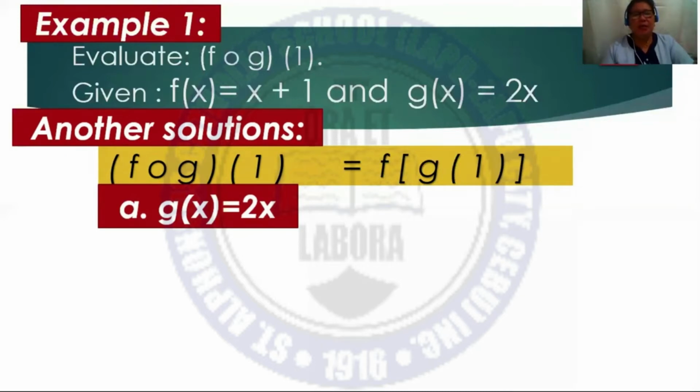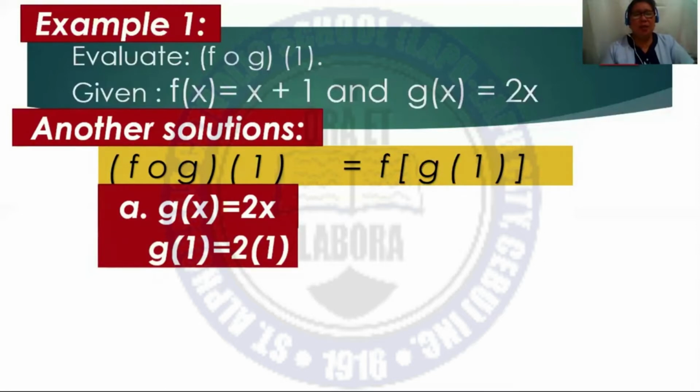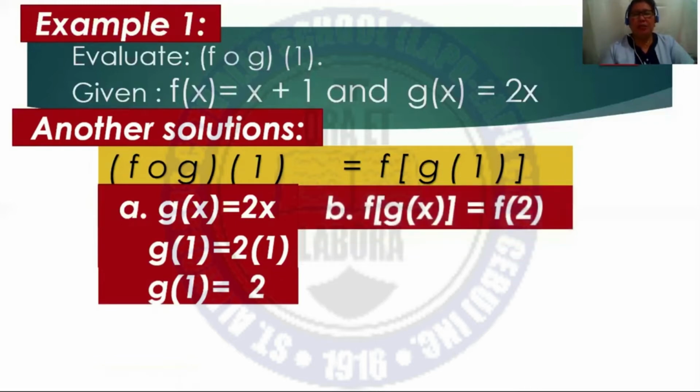G of x is equal to 2x. Substitute now 1 to x. 2 times 1 is equal to 2. So by this time, the value of g of 1 is equal to 2. The second step, f of g of 1 is equal to f of 2.